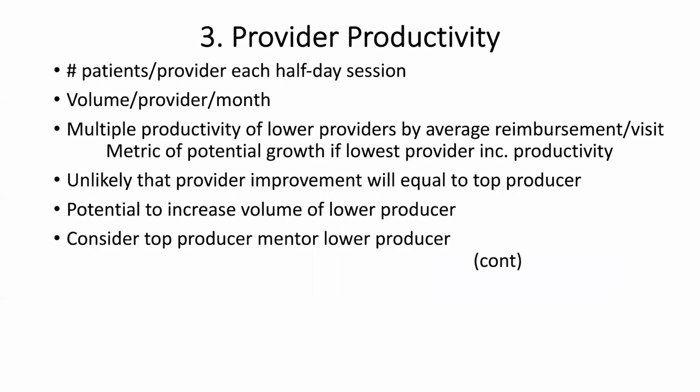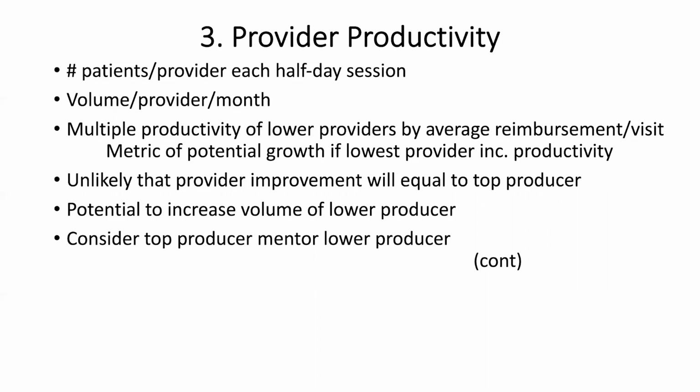We have to look at provider productivity, the number of patients per provider that are seen on a monthly basis. We have to consider taking the productivity of the least productive providers and look at them by their average reimbursement per visit.